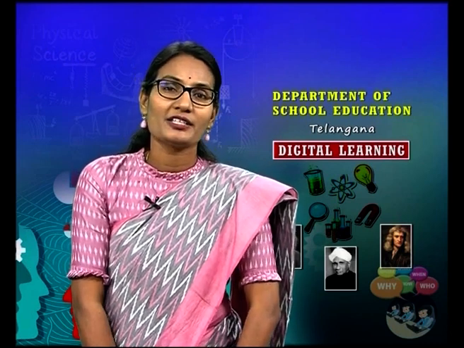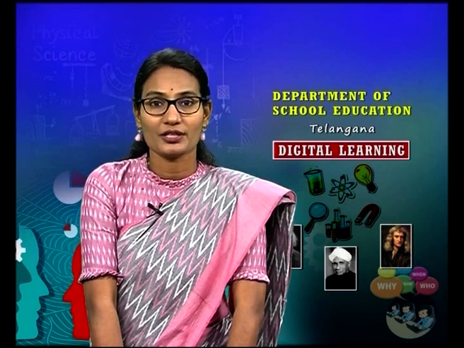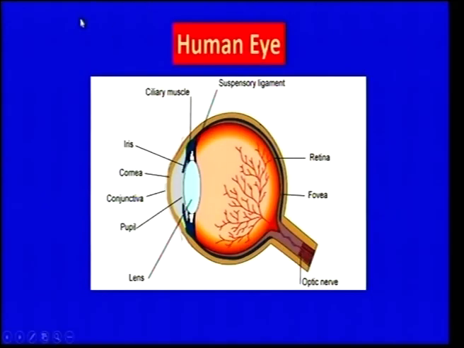You already studied this in your biology lesson, but once again take a look at the structure of the human eye. So children, see this. This is the human eye structure. The eyeball is almost spherical in shape. The front portion is a little more curved and it is covered with a transparent protective membrane known as the cornea.